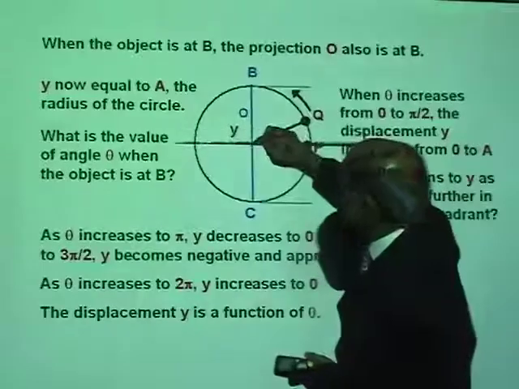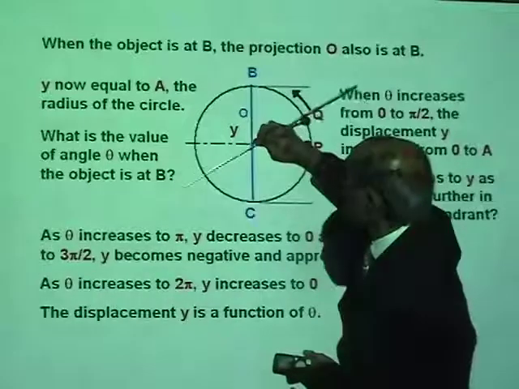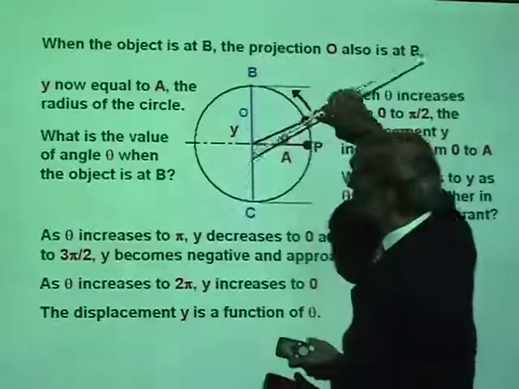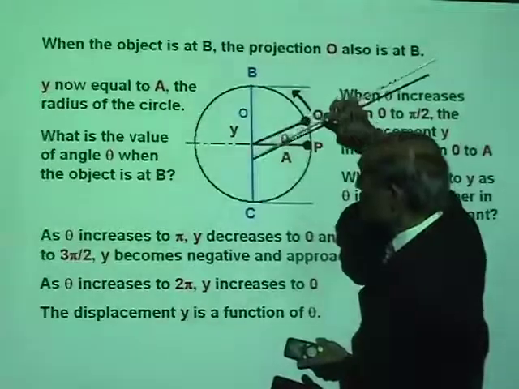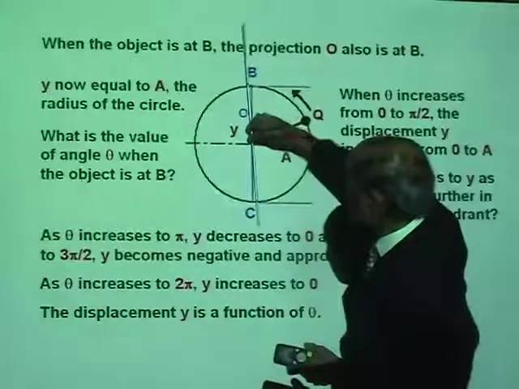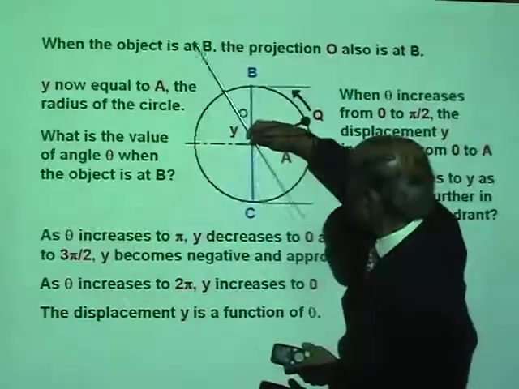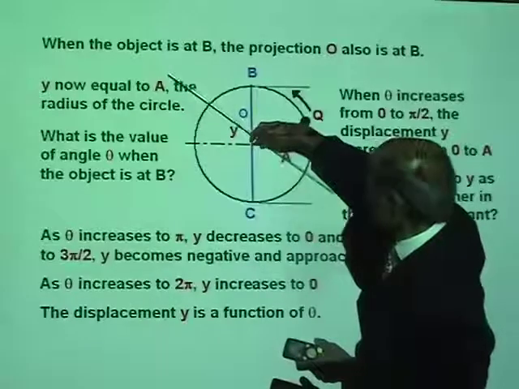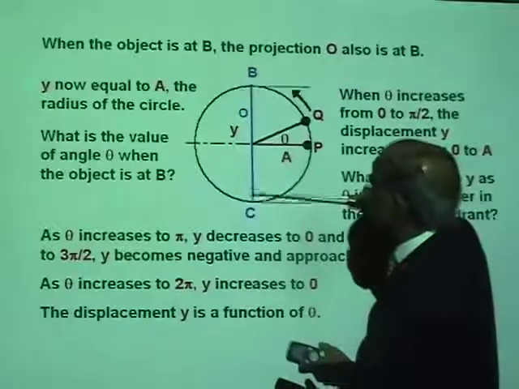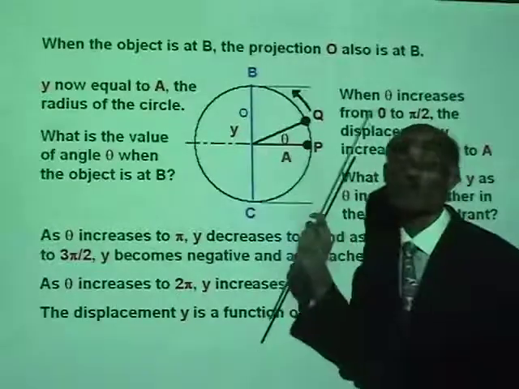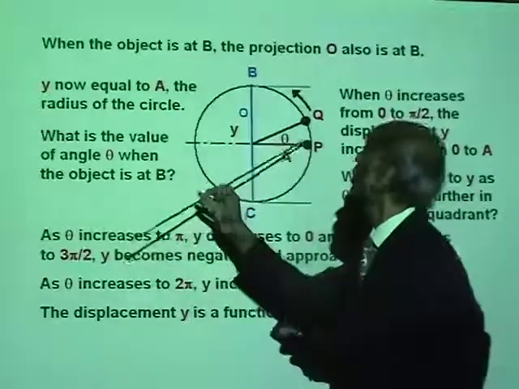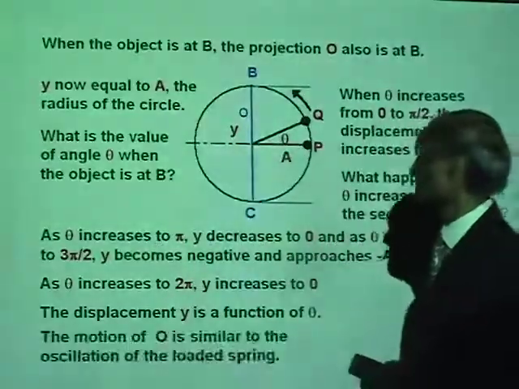And as the angle now increases from pi to 3 pi by 2, the displacement decreases from 0 to negative a. And as the angle increases from 3 pi by 2 to 2 pi, the displacement increases from negative a to 0. So the displacement is a function of the angle theta.